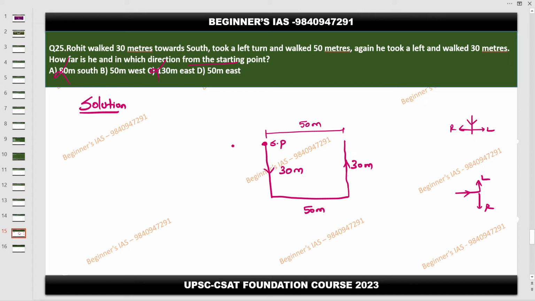This is the starting point, so put a plus symbol. This is going to be the east direction. Therefore the answer is D. Understood? 50 meter east. Done. Shall we move to the next one? Yes, sir.